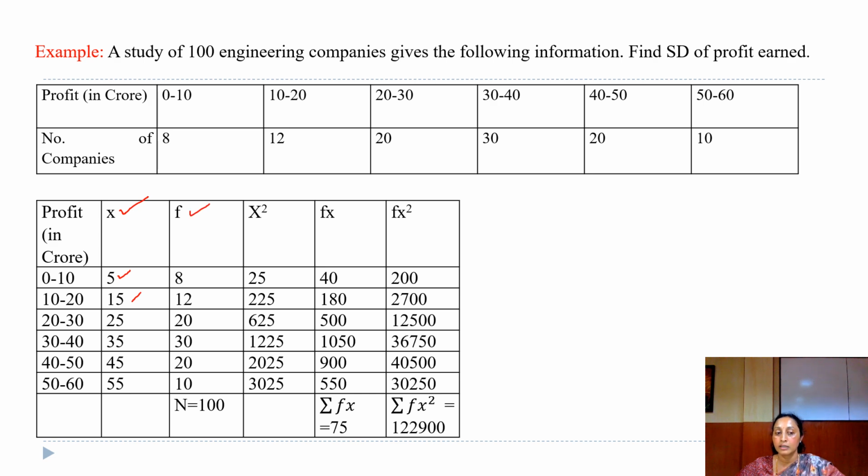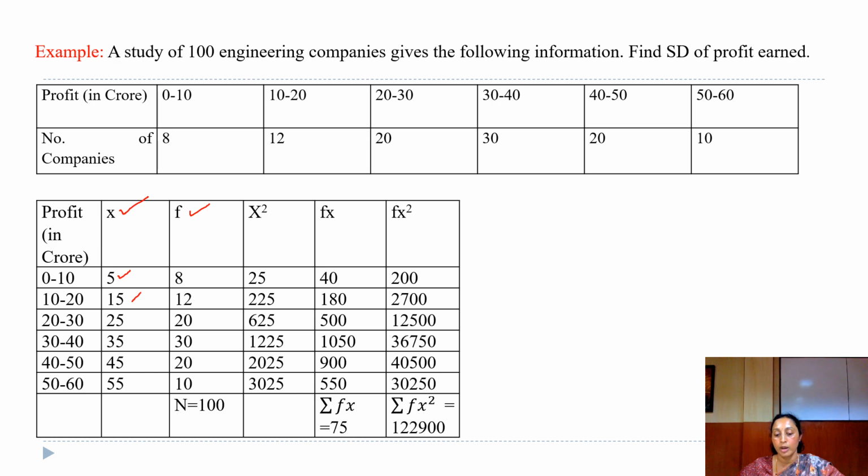That is, 8 companies have their profit within 0 to 10 crores. That is our frequency which is given to us. Like that, let us list all the data, and then find x square and f into x. Similarly, let us multiply f into x square.